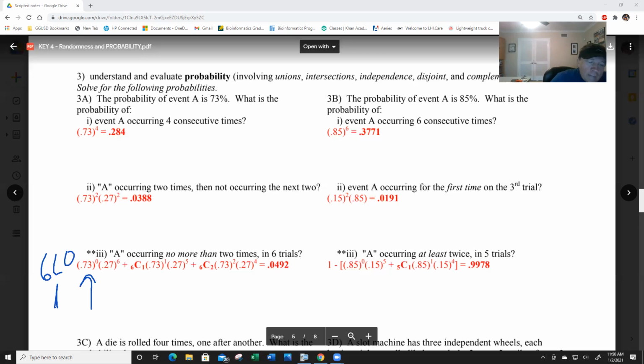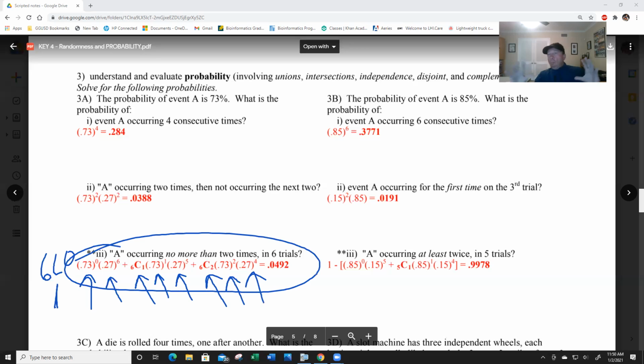So 0.73 occurs none, and 0.27 occurs 6 times. Then this is 6 choose 1, which is actually 6, okay? And this is 0.73 to the first because it happened once, and the 0.27 happened 5 times. And then 6 choose 2 times that times that. This is a very long problem that I could do and fill up the whole board with the number of ways I could do it. For right now, we're just going to leave it alone and keep it simple with what I did there.